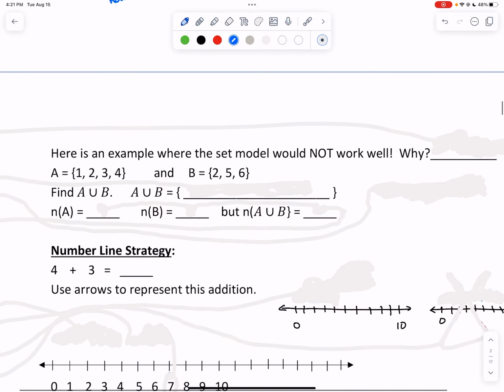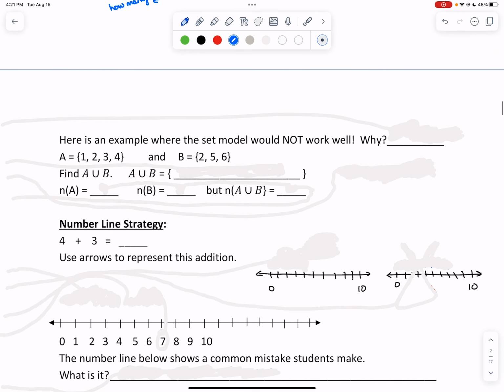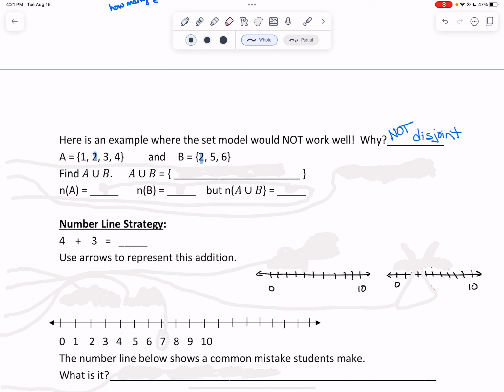Let's talk about our number line strategy. First we've got to see why the set strategy doesn't always work. Look at these two sets that we have right here. Set A has 1, 2, 3, 4 in it. Set B has 2, 5, and 6 in it. Do you notice that these guys both have a 2 in them? The set model doesn't work very well for this because they're not disjoint, so that means they have repeated numbers.